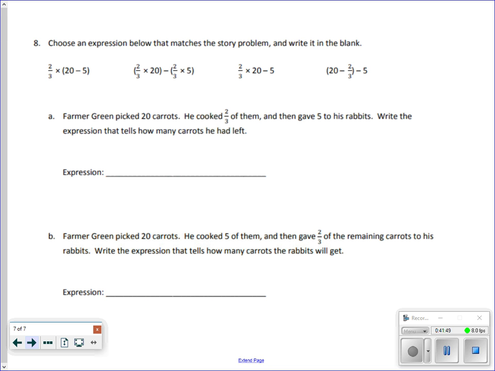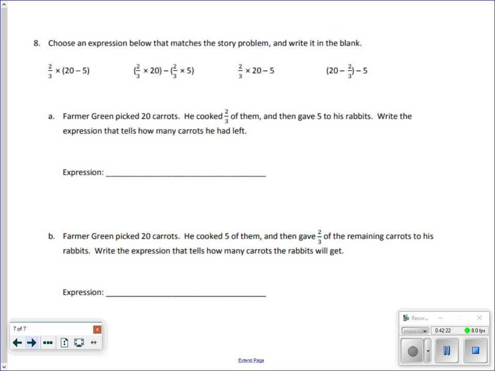You can circle it, and then we can discuss it. Which one do you think would actually solve that problem? Do you think it's A, B, C, or D? We know that there needs to be a 20.